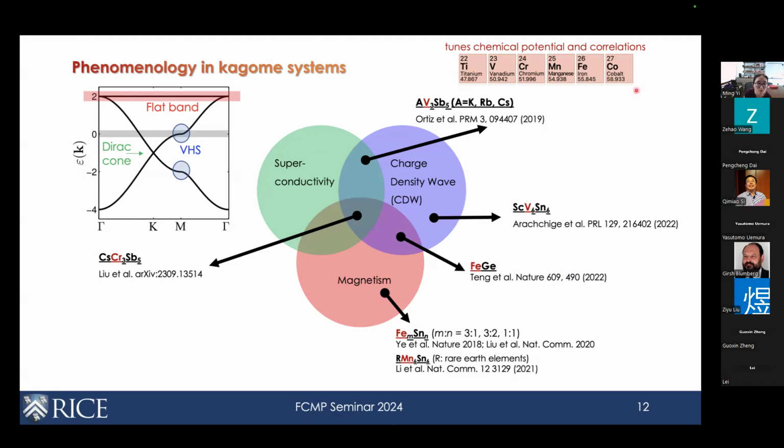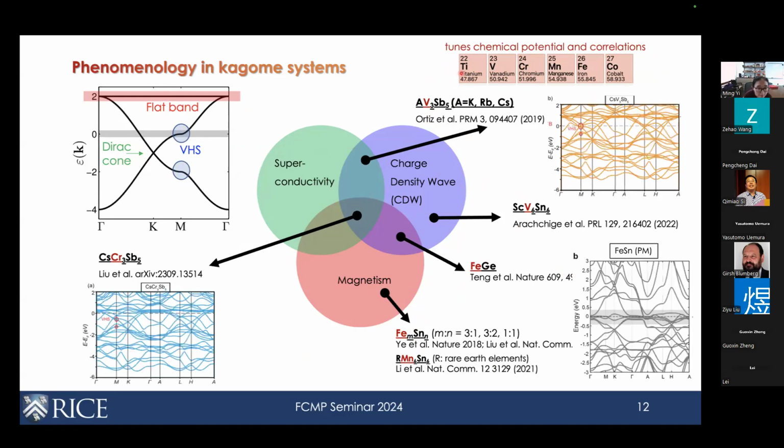So in bulk materials, this gives us a way to tune the chemical potential across these signatures. And then at the same time, there's also a bit of tunability in terms of the strength of the electron-electron correlation effects, right?